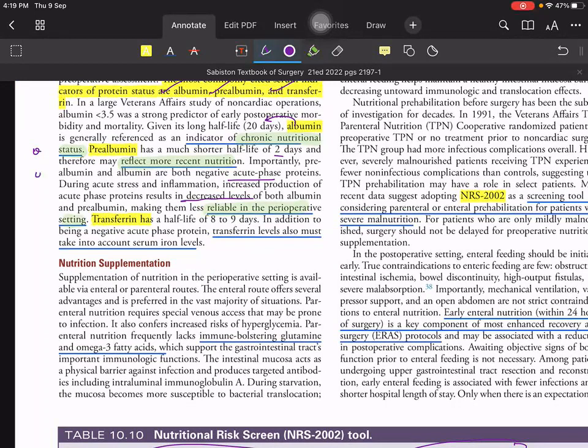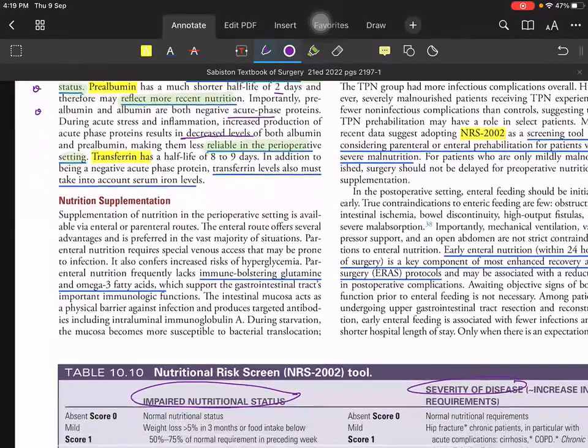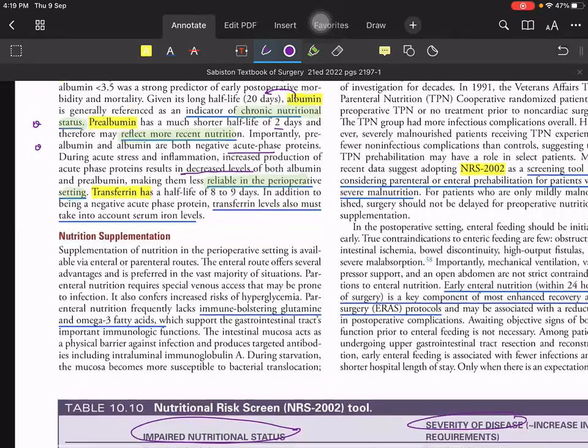Just remember all the MCQs: albumin is for chronic, and pre-albumin is for acute. Transferrin's half-life is 8 to 9 days, and even though it is a negative acute phase reactant, transferrin levels must also take into account the serum iron level. Transferrin doesn't have that much importance, but you have to remember albumin and pre-albumin.